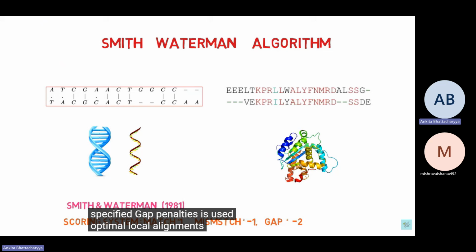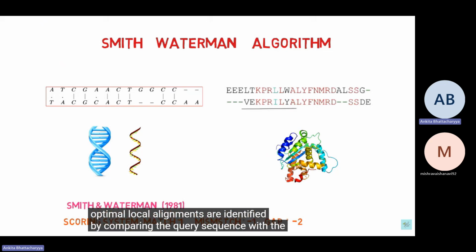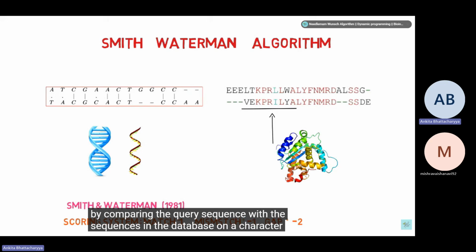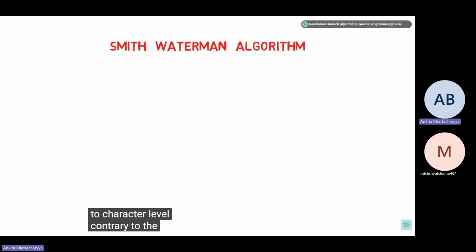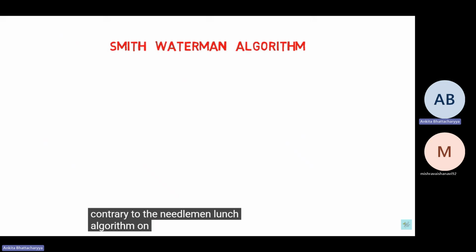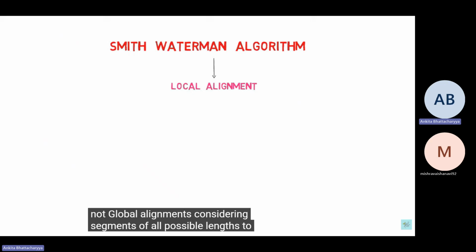Optimal local alignments are identified by comparing the query sequence with the sequences in the database on a character-to-character level. Contrary to the Needleman-Wunsch algorithm, on which the Smith-Waterman algorithm is built, the Smith-Waterman algorithm searches for local alignments, not global alignments, considering segments of all possible lengths to optimize the similarity measure.